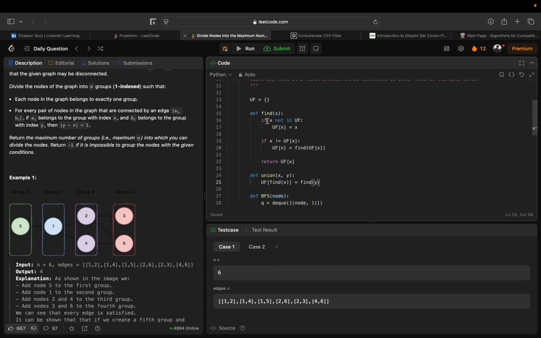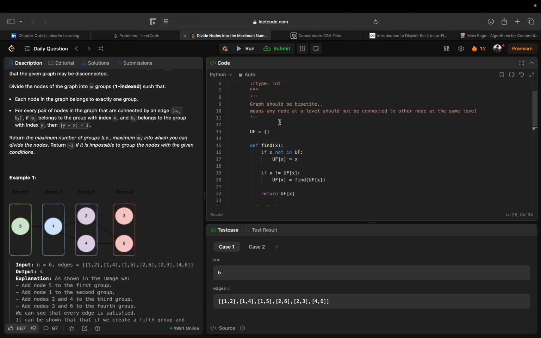So we write down the union find method, which gives the representative of any node inside a disjoint set.